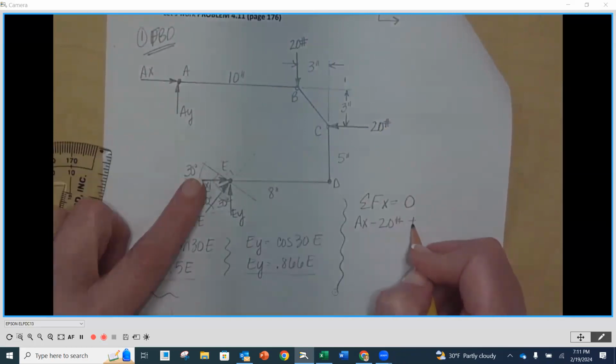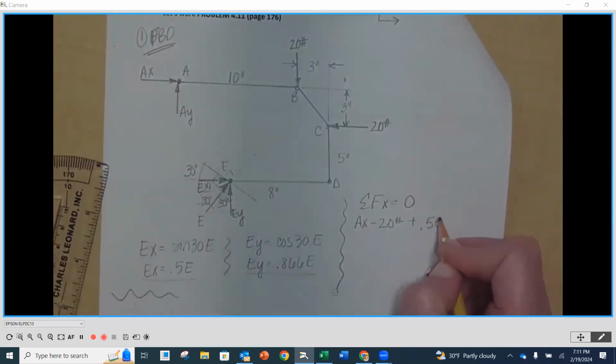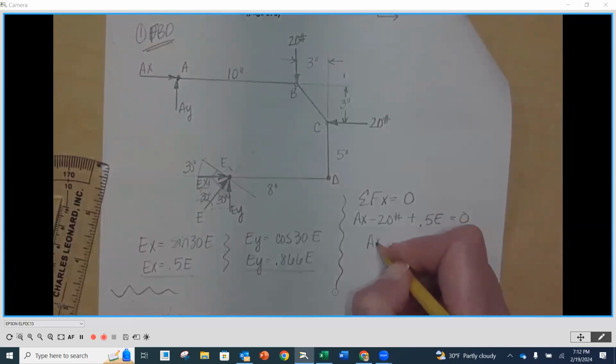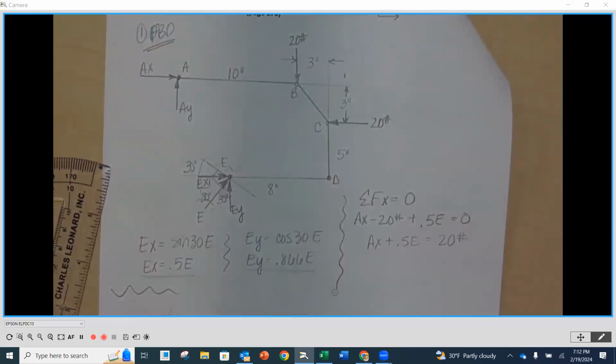And I've got a positive, not an EX, I've got a 0.5 E. Equal to 0. So I'm going to put my 20 to the other side. AX plus 0.5 E is equal to 20 pounds. And that's where I'm going to stop for right now.